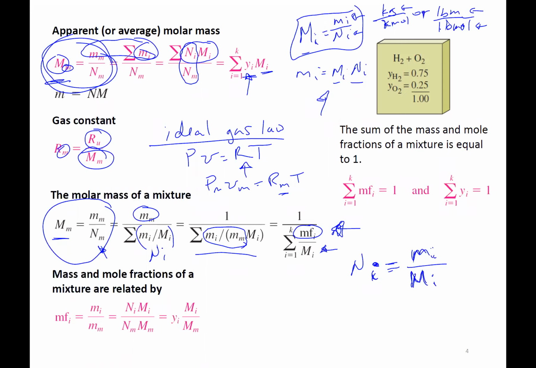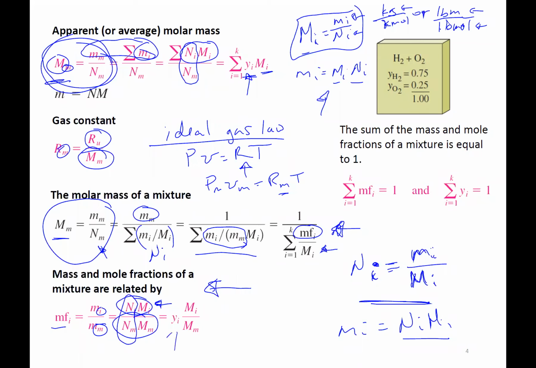If you want to go straight from the mole fraction to the mass fraction, we have that mass fraction is just the individual component's mass divided by the mixture's mass. If we put in our equation here for mass, substitute it in for the mass, and do it for the mixture, well, this over this is the mole fraction.